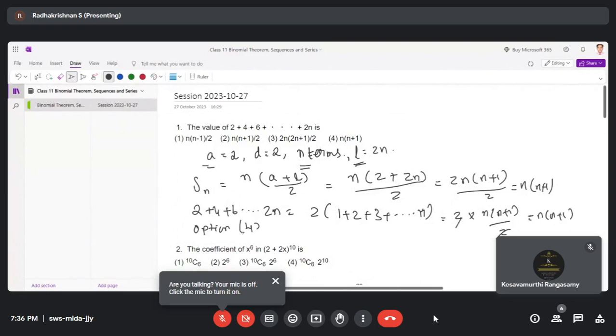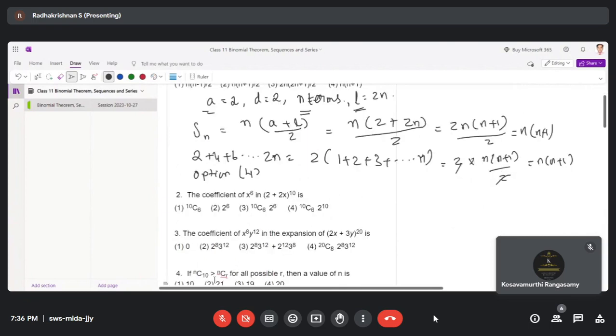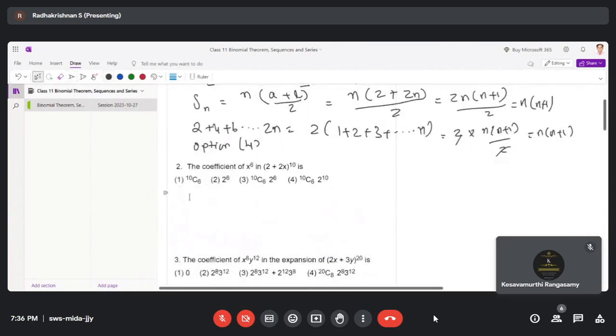Coefficient of x to the power of 6 in this expansion. This is a binomial expansion. Can you do it? Looking at the series, 2 is common, right?